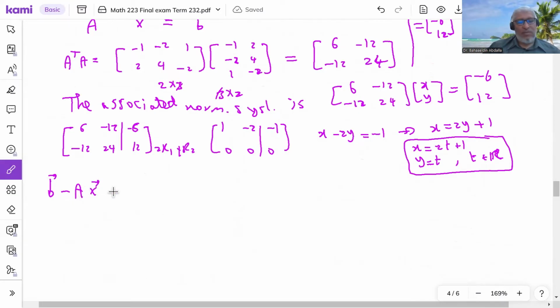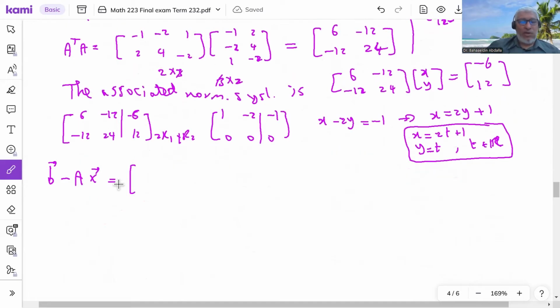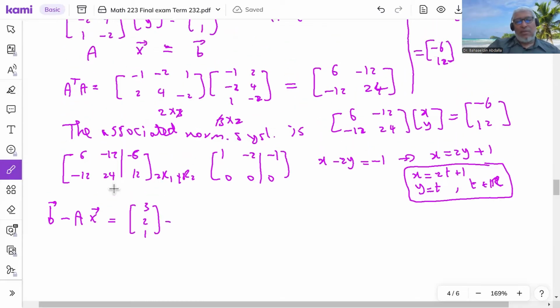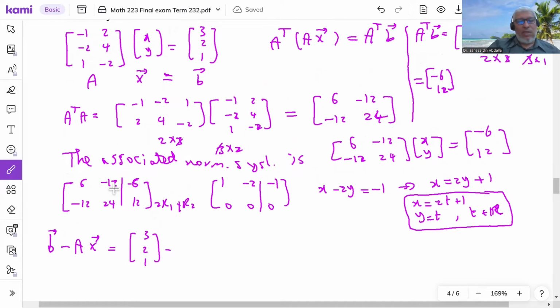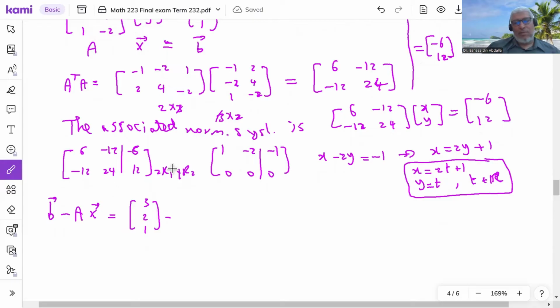B is 3, 2, 1, and X is the solution that we found, x and y.